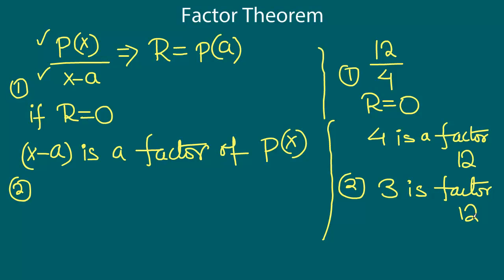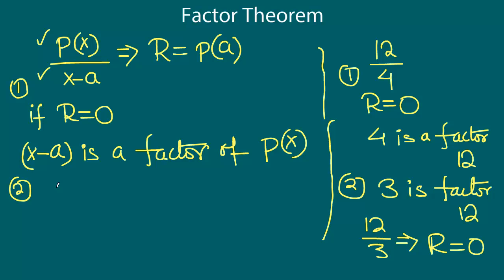It is already given to us. Then what can we tell about the remainder? Well, if 3 is a factor of 12, then when we do this division, we absolutely know that our remainder must be equal to 0, right? Because if 3 is a factor, we know it fully divides, leaving us with remainder 0.